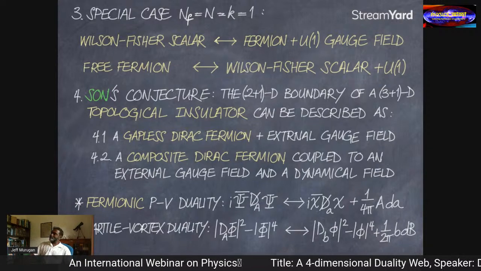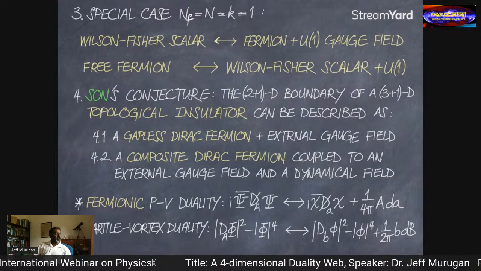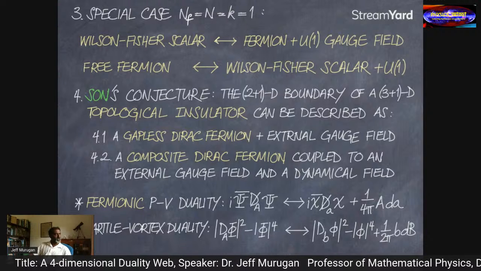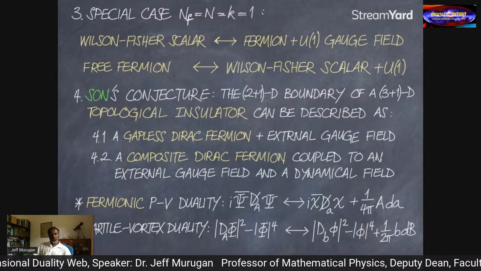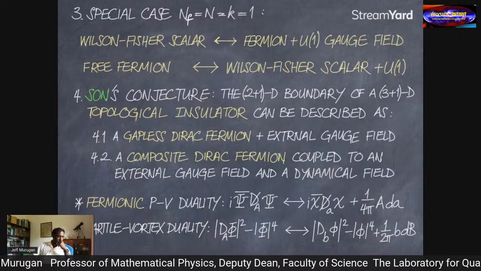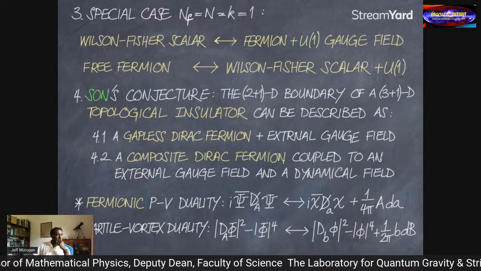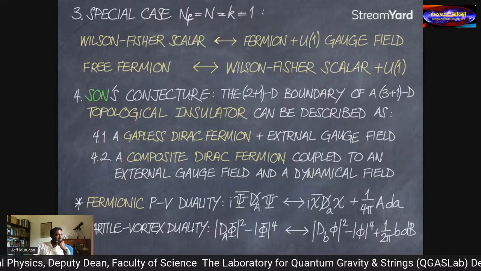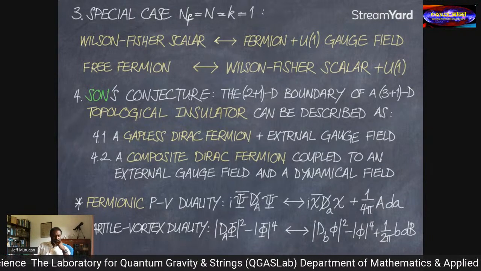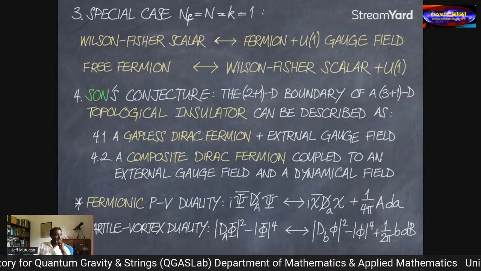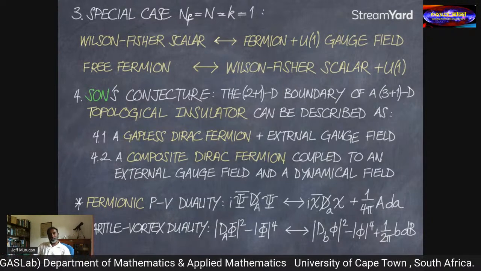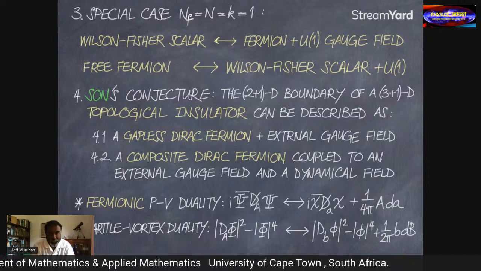And it was a very confusing thing because we understood what particle vortex duality was, the bosonic particle vortex duality, but the fermionic version of it didn't make sense for a number of reasons that had to do with silly things like factors of 2 and things like that. But it turns out that these factors of 2 were actually quite deep. The factor of 2 in the definition of the level number of the Chern-Simons gauge field, they're quite deep and they contain some really beautiful physics.